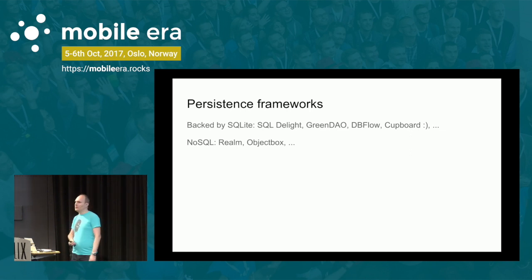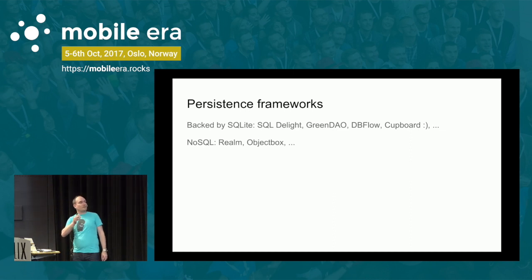ORM Lite is one of the early ones. When looking at these persistence frameworks, there are two flavors. There are frameworks that build on the SQLite platform support, and there are frameworks that don't use any of that. Realm, Objectbox, Couchbase, those are using their own storage solution, and they do not use SQLite.